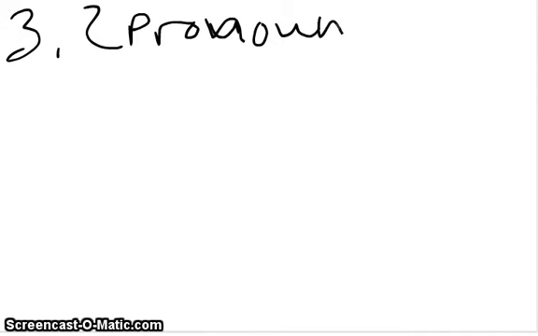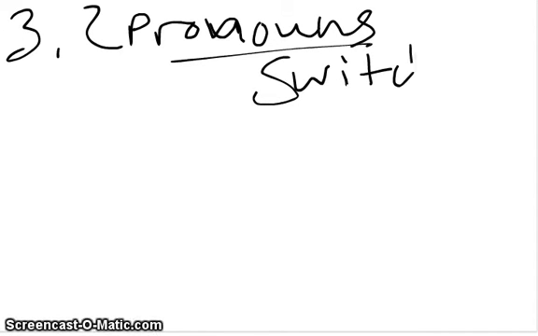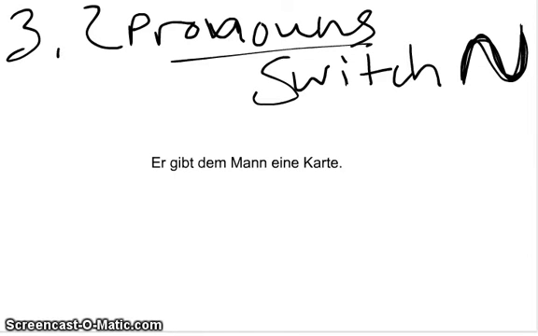The third one to note is if you have two pronouns in the predicate part of the sentence. Two pronouns, the pronouns switch. So you switch them. You flip the order. So two pronouns, pronoun switch. We'll look at an example. This sentence is, gibt dem Mann eine Karte.